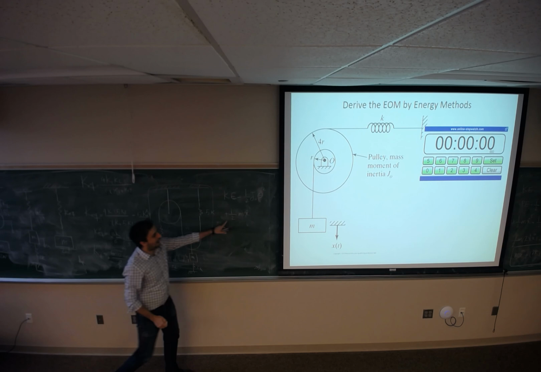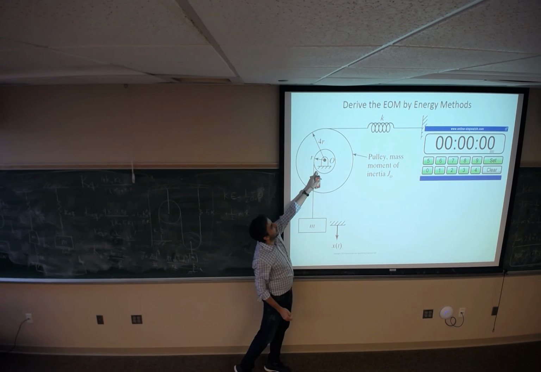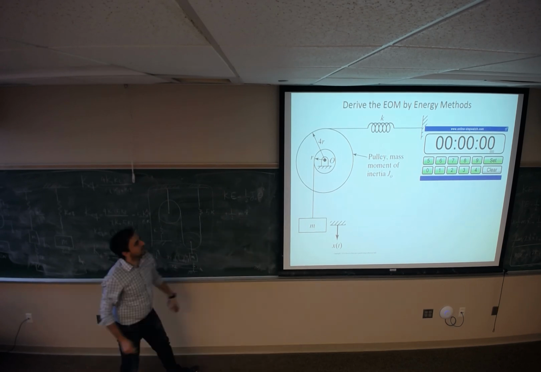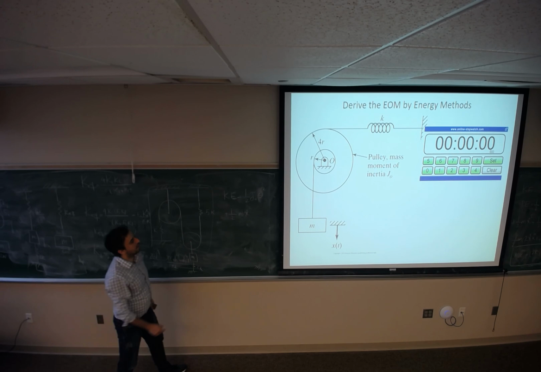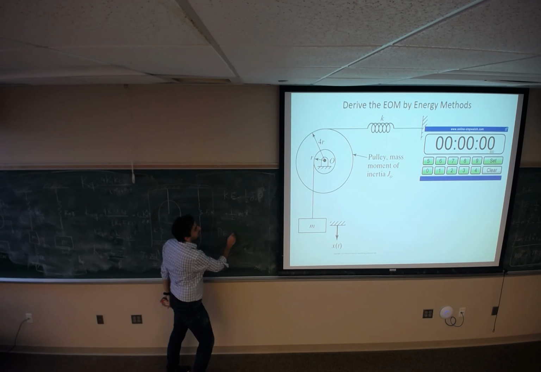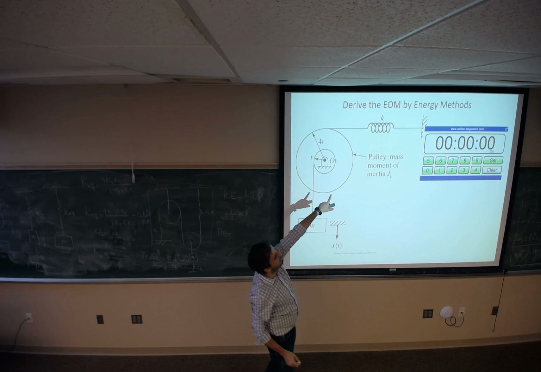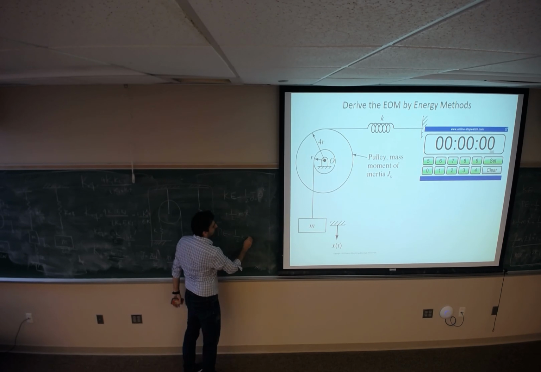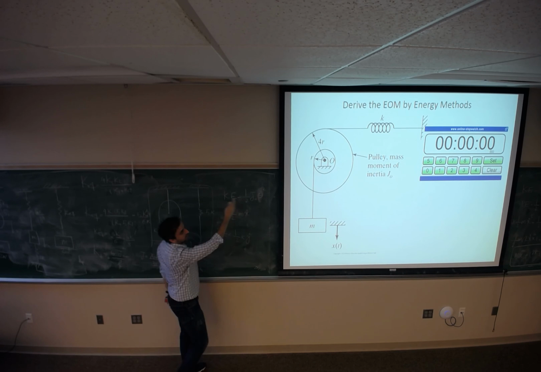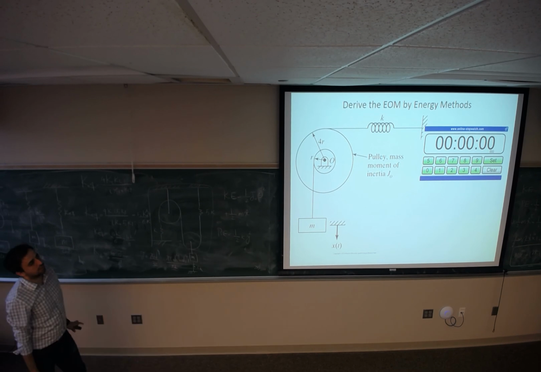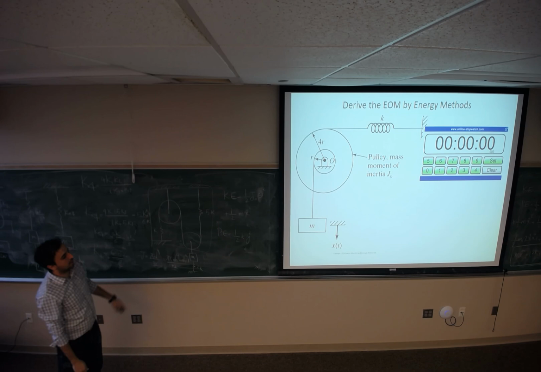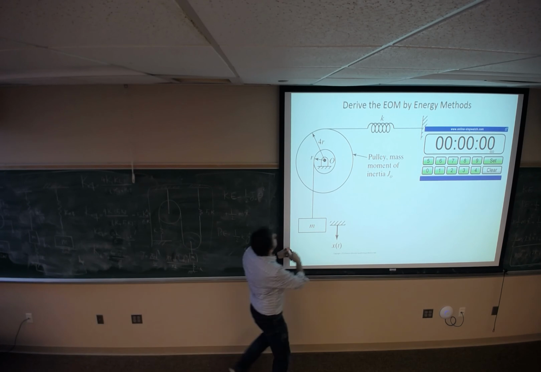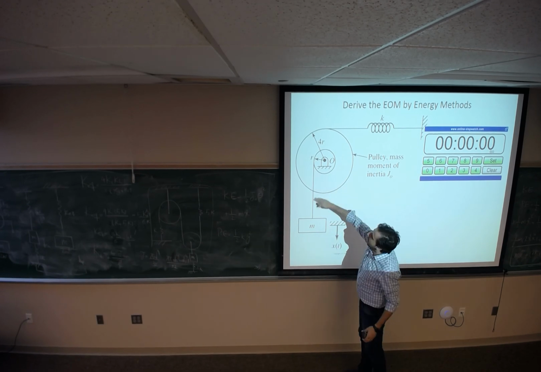Half of m v square, half of J omega square. Potential energy is coming only from that stiffness, half of k y square, where y is whatever the deflection of the spring is. But as you see, there is a relation between theta, x, and y.